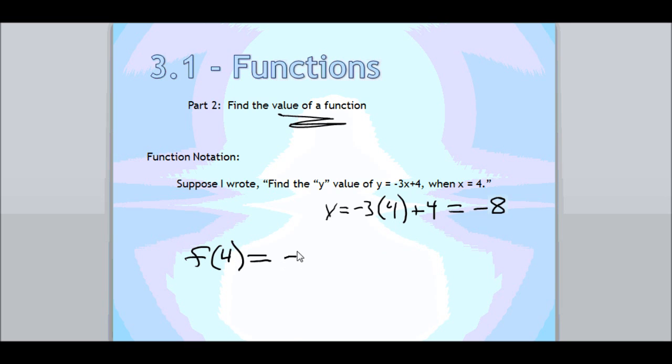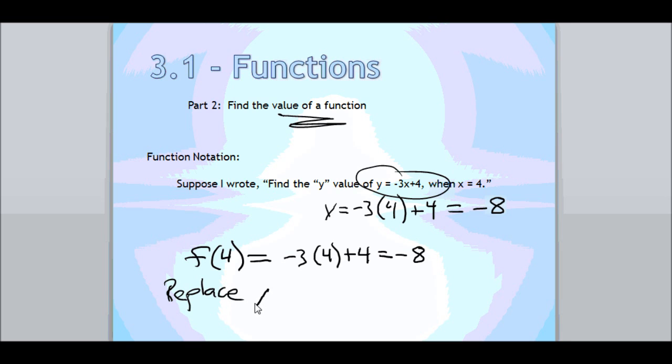And so that would be negative 3 times 4 plus 4, which we already said was negative 8. So what we have here is this equation, which we now are going to replace the y with, and here's our function notation, f of x.